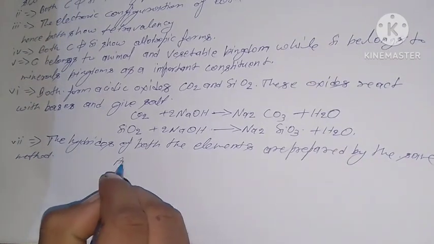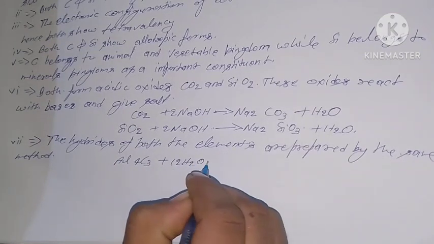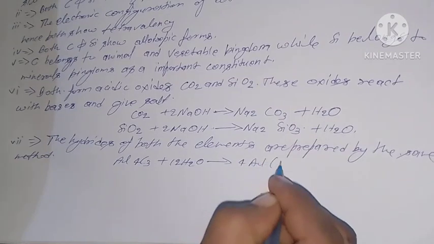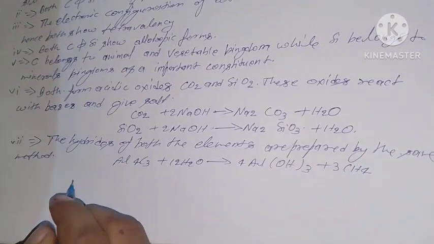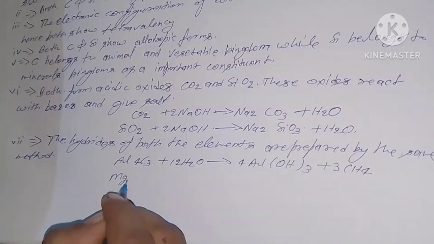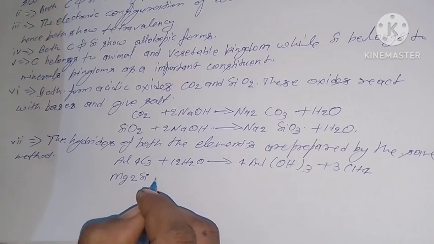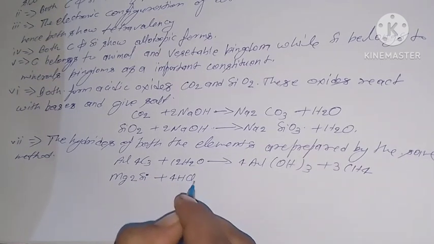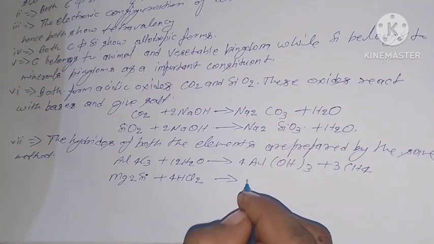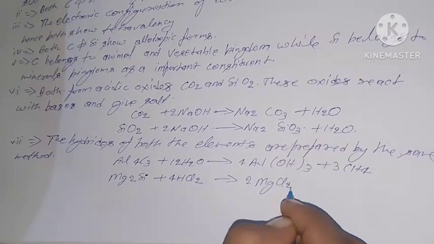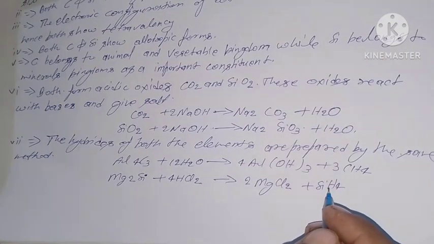Al4C3 plus 12H2O gives 4Al(OH)3 plus 3CH4. Mg2Si plus 4HCl gives 2MgCl2 plus SiH4.